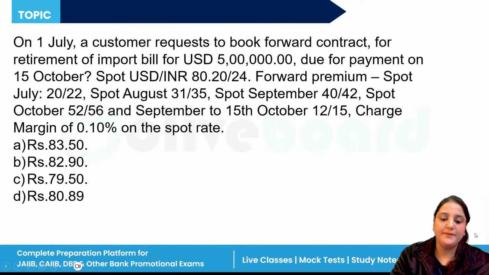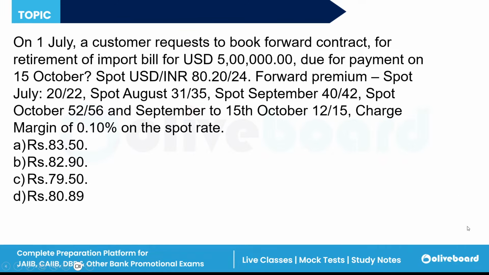So let's calculate. It's very simple. First, being a merchant sale forward booking transaction, the rate we have to calculate is US dollar INR spot, to be taken as 80.24, right?